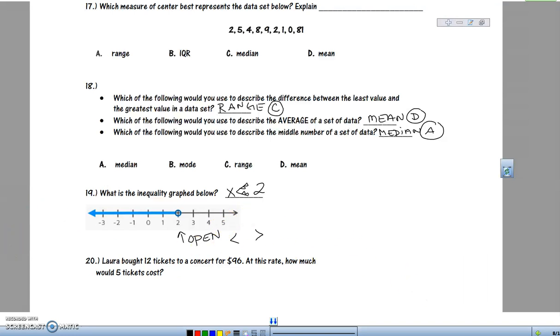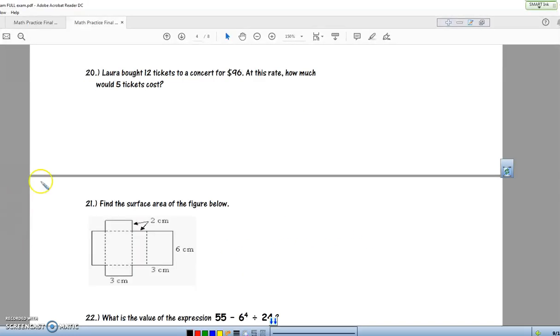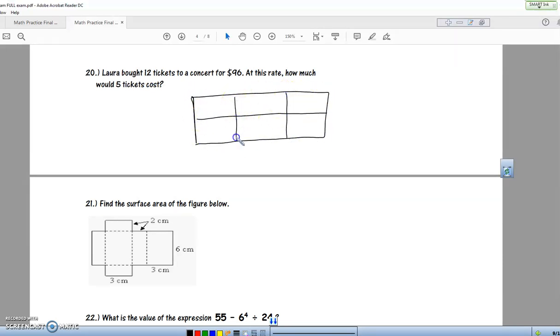All right, number 20. Laura bought 12 tickets at a concert for $96. At this rate, how much would 5 tickets cost? We're going to set up a ratio table. We're talking about tickets. We're talking about cost. So 12 costs 96.